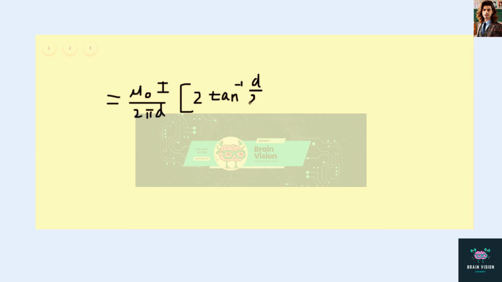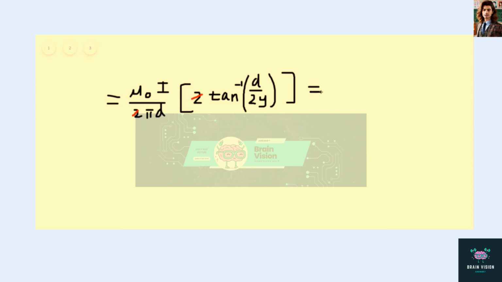So when you plug in d over 2 and minus d over 2, you end up with the inverse tangent of d over 2y minus the inverse tangent of negative d over 2y, which ends up being 2 inverse tangent of d over 2y. So again, we have a couple of things that cancel. You have that 2, that cancels with that 2.